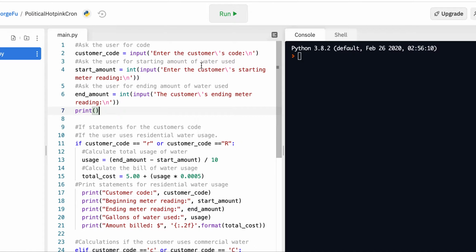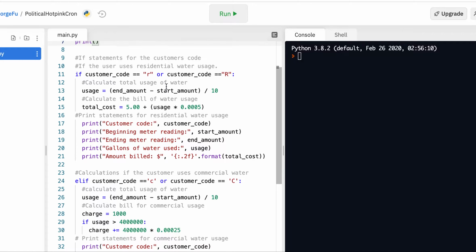Once again, it's simple: customers input their information to continue on to calculate the amount of water used as well as the bill that they have to pay.